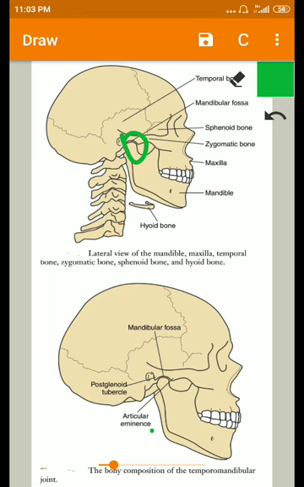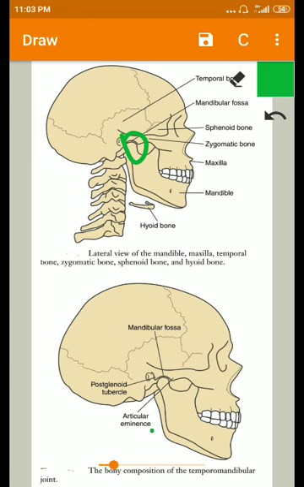Sometimes this joint withstands greater stress, like in chewing and eating. Whereas in the case of speaking and swallowing, this temporomandibular joint moves in such a way that it is finely controlled and requires little force.